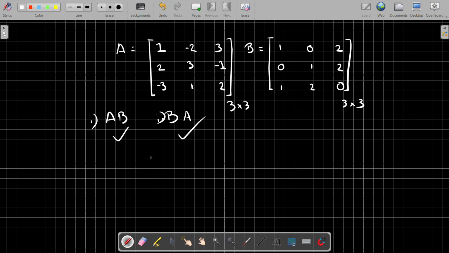So let's call our first matrix C. It will be 3 by 3, 1 into 1, 1, plus 2 in, minus 2 into 0 will be 0, plus 3 into 1 will be 3, 1 into 0 will be 0, plus minus 2 into 1 will be minus 2, plus 3 into 2 will be 6.